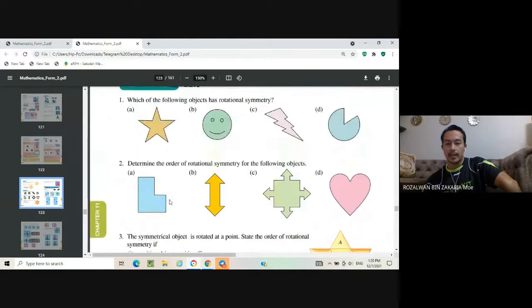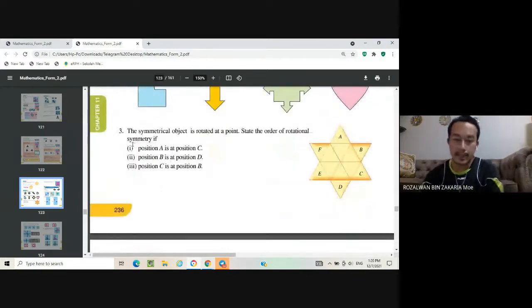Now look at self practice 11.6, question number 3. The symmetrical object is rotated at a point. State the order of rotational symmetry if 1, position A is at position C. So position A changes to position C. How many orders?